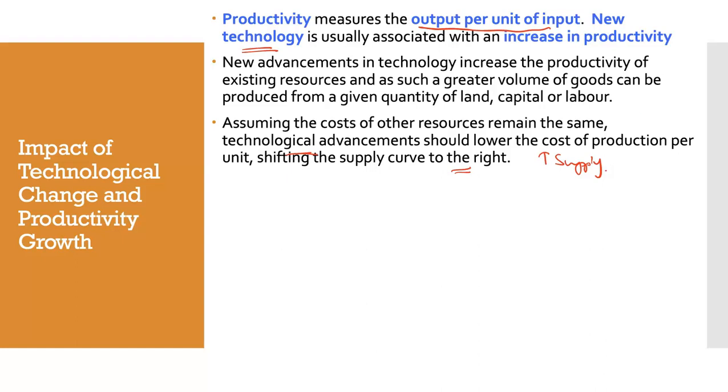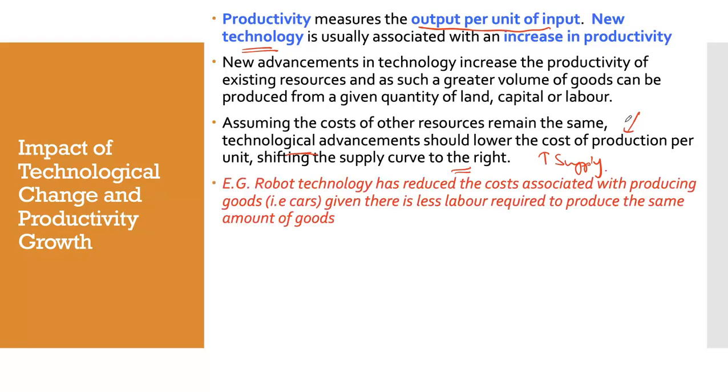It's the same logic because if we are lowering our cost of production, we are making more profit per unit, and it's because we've got technology to do the work for us. So for example, robot technology has reduced the costs associated with producing goods. For example, cars. And given there is less labour required to produce the same amount of goods, some of these supply will go up.